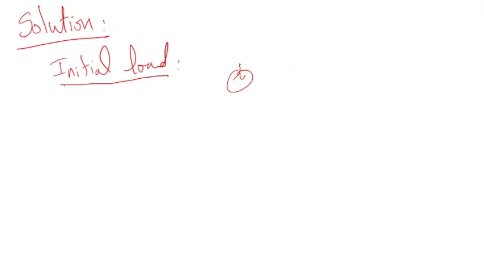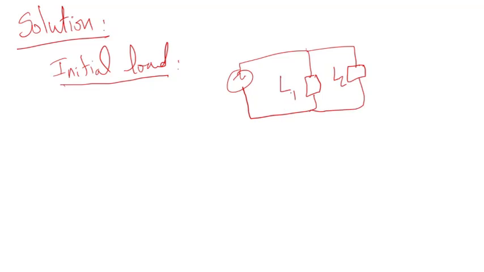Well, we have a source, and we have a load. I can call L1 load 1. Then we have load 2, which I can call L2. They're kind of connected in parallel.